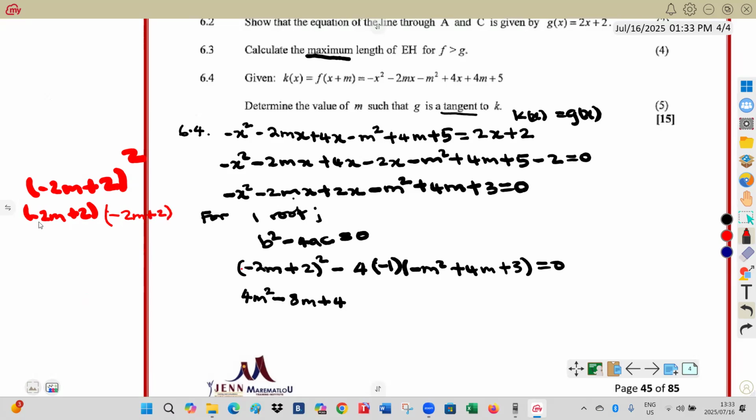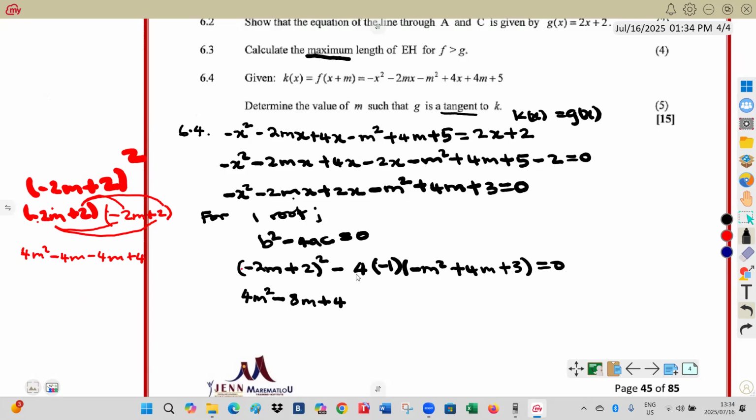Then we expand this and this. First, we are going to get 4m squared. Then this one and this one is going to be minus 4m. We are done with that. We come here. This one and this one is going to be minus 4m. This one and this one is going to be plus 4, which reduces to 4m squared minus 8m plus 4.